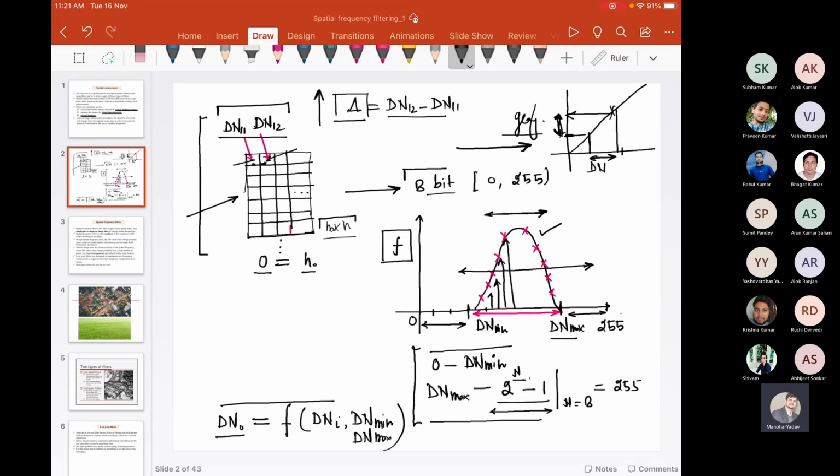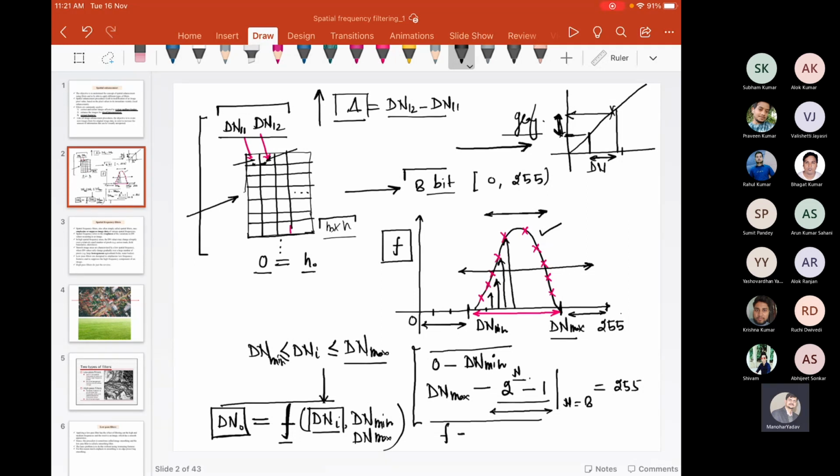To generate DN output, see what is the difference in the range of DN input and DN output. By processing through the function, we are stretching DN input to generate output values. The range of DN input we can write as DN min less than or equal to DN input less than or equal to DN max. By processing through a function that can be linear or non-linear, both cases.